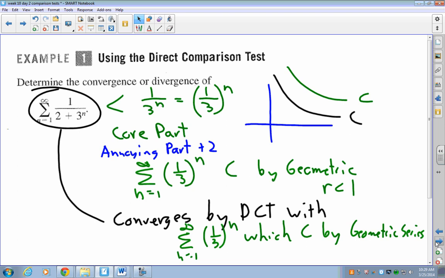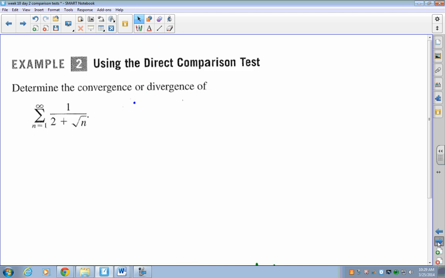Okay. So now I'm going to do one probably that is a diverger. Okay. So let's take a look at this one. Who's the core part? This is how you kind of think through these problems. Who's the core? The core is 1 over that, which is 1 over n to the 1/2.